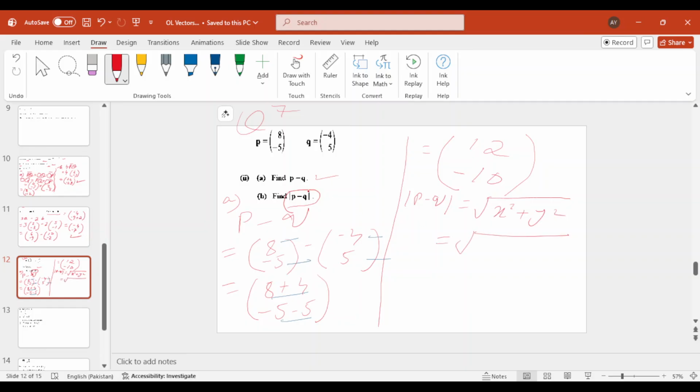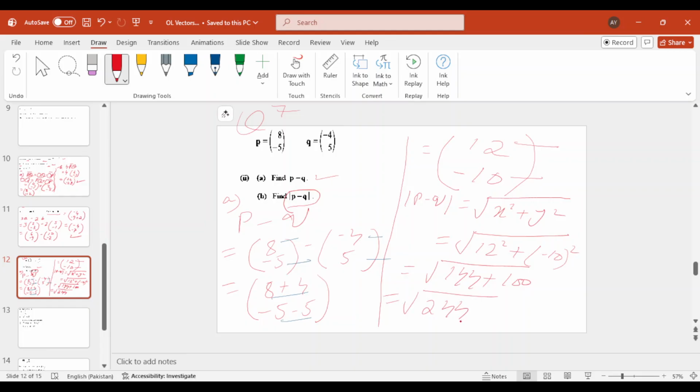Here x is 12, so x square is 12 square, plus y square, the square of minus 10. 12 square is 144, 10 square is 100. This is equal to under root 244.